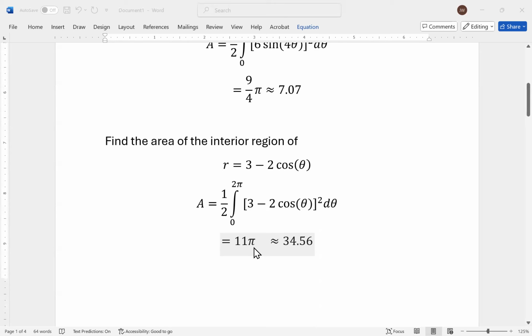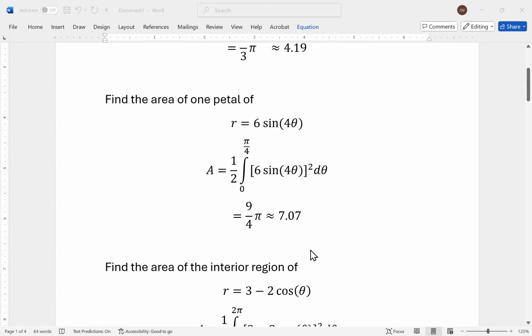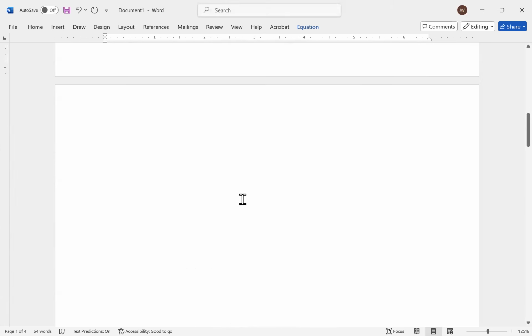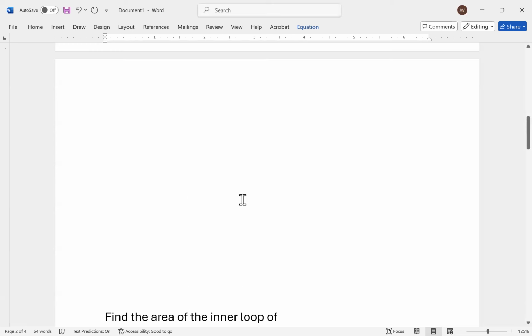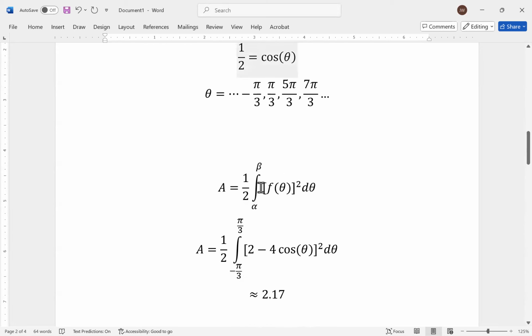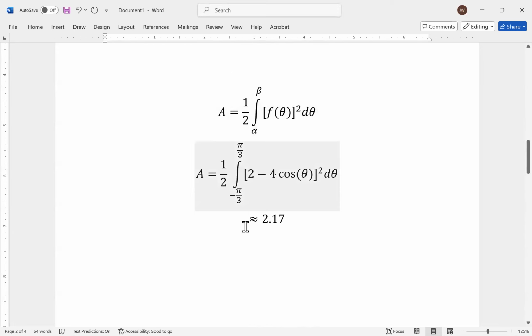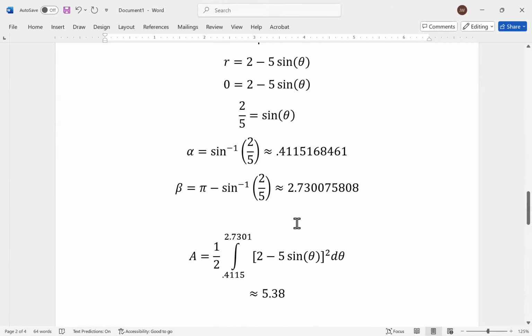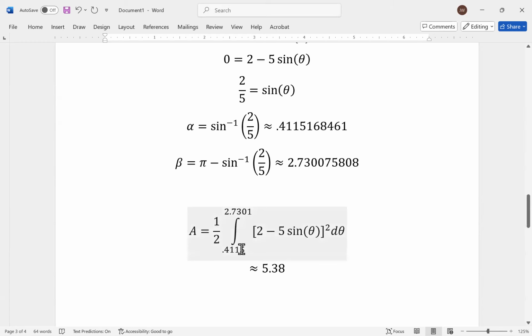I did give you that exact version, but those three had really nice exact values, whereas the inner loop problems that we just did, even when we had the nice bounds from negative pi over 3 to pi over 3, that did not have a nice exact version. And then on this last one we did, that did not have a really nice exact version either. It wasn't just a rational number times pi, a nice rational number times pi.